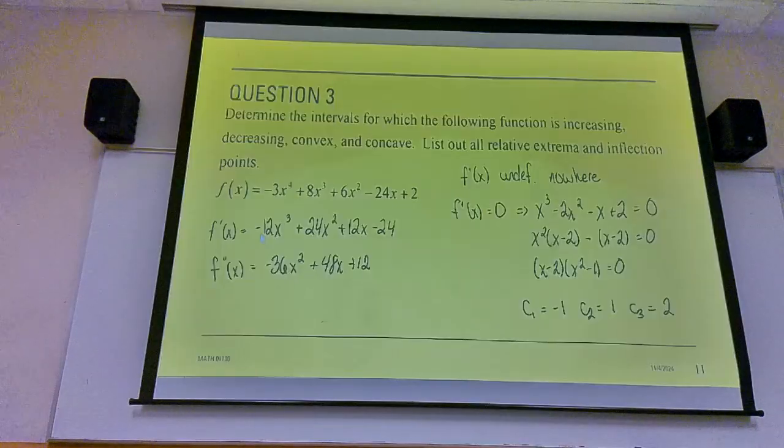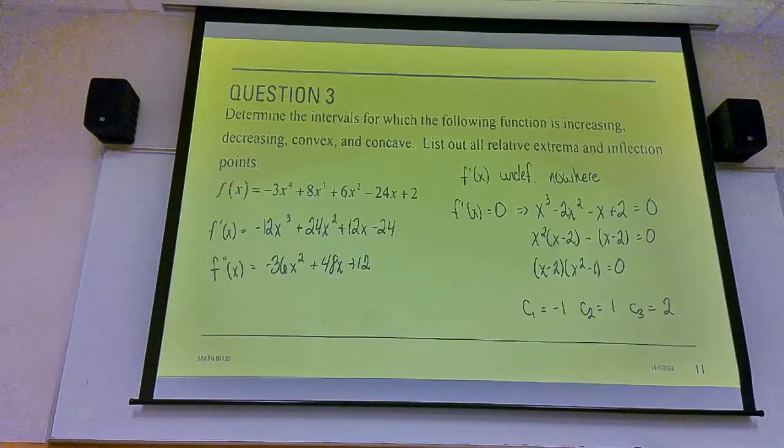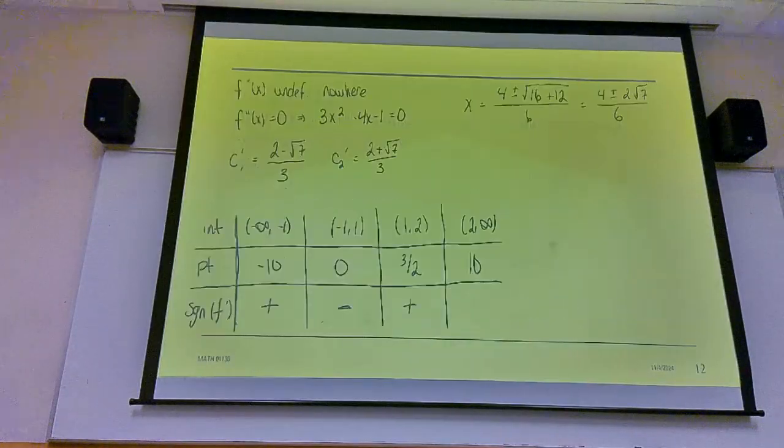F prime is positive at 3/2. And what about 10? Negative. There's our sign chart for f prime.